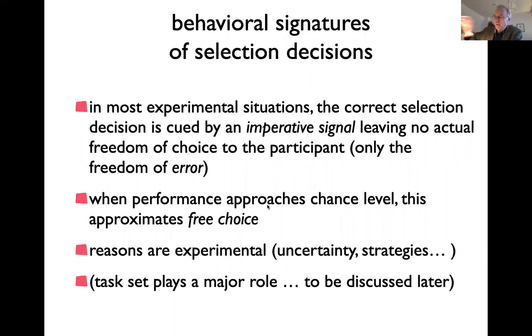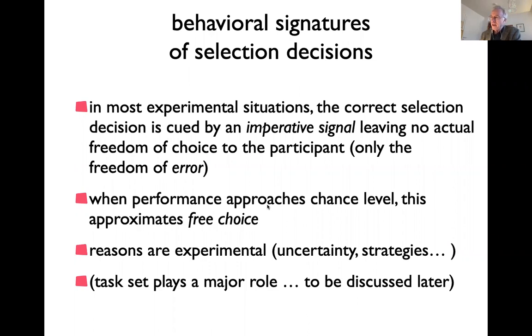Also an interesting topic. But in the kind of studies that really look at the perceptual basis for decision-making, perceptual decisions, for instance, or motor decisions, or simple cognitive decisions like classifying a word or recognizing something as a grammatical phrase or not, those are all cases where free choice is not studied very frequently.